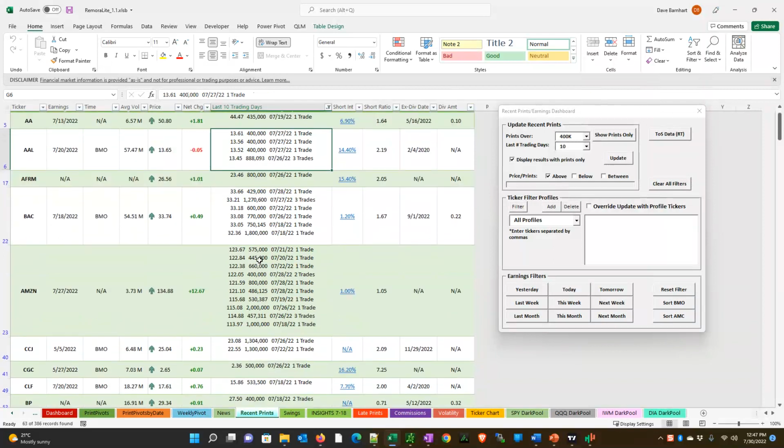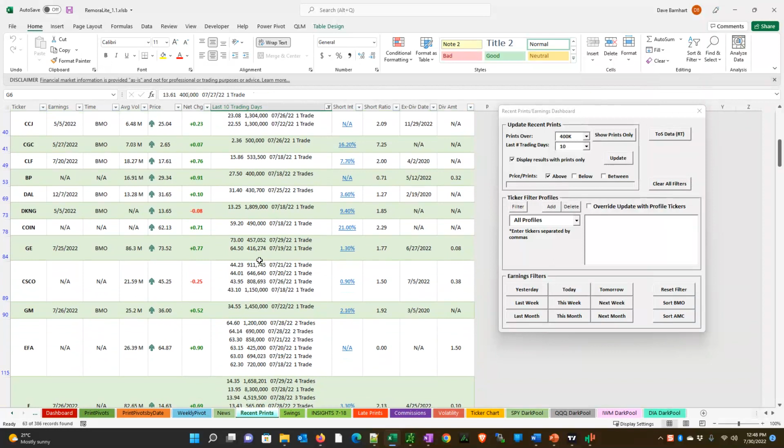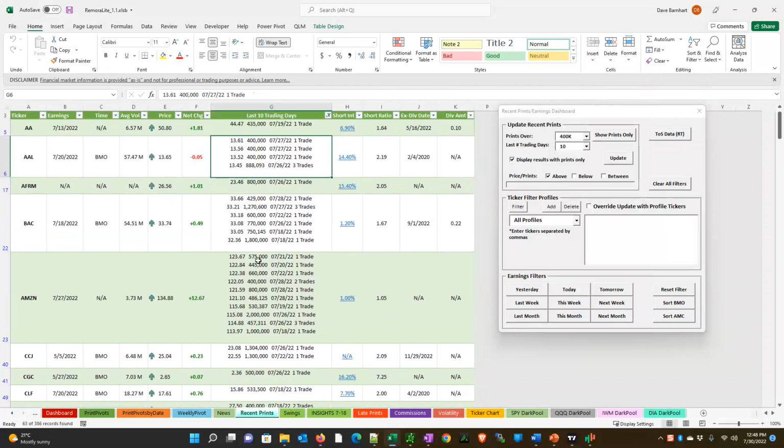So if you were looking for something to add, for example, to your watch list, then we can do that here. Remember when we created that, it said, do you want to make it the default?